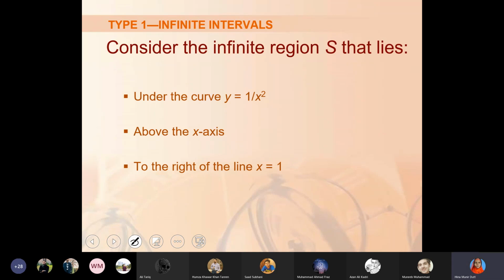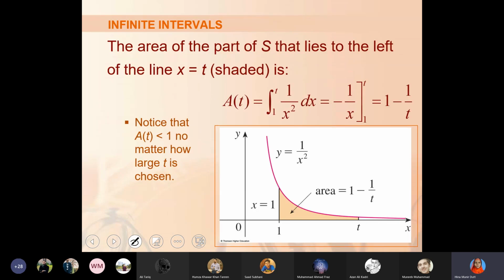I have explained this graph, y is equal to 1 over x square. What will I do? This would be my area, and I will just replace this infinity with t. I will simply evaluate this integral like I have evaluated the definite integral, and I will get this answer.